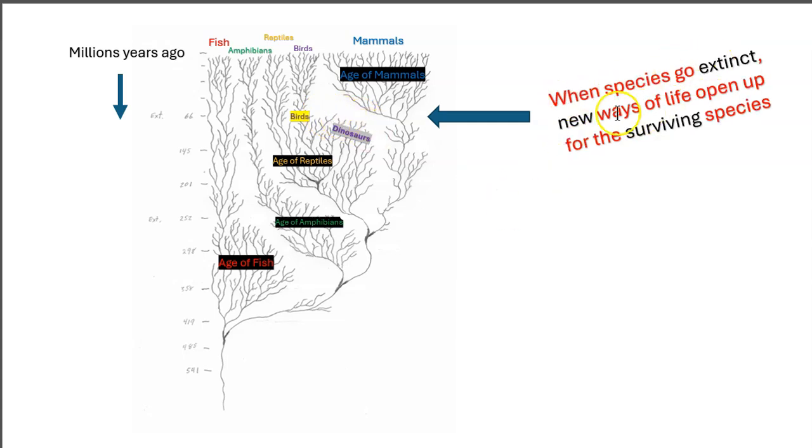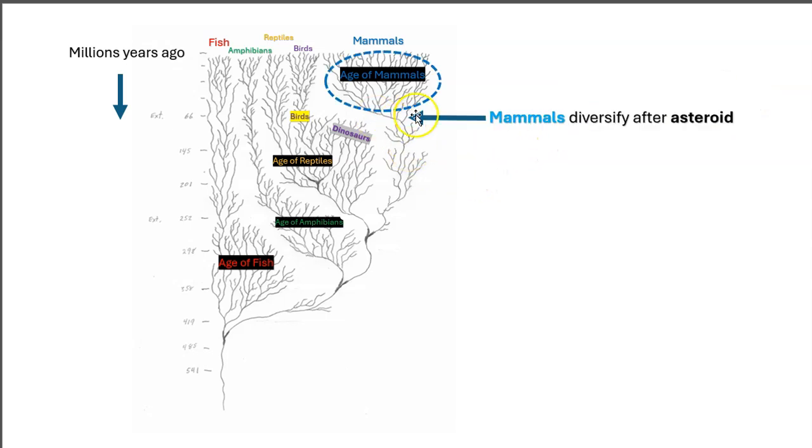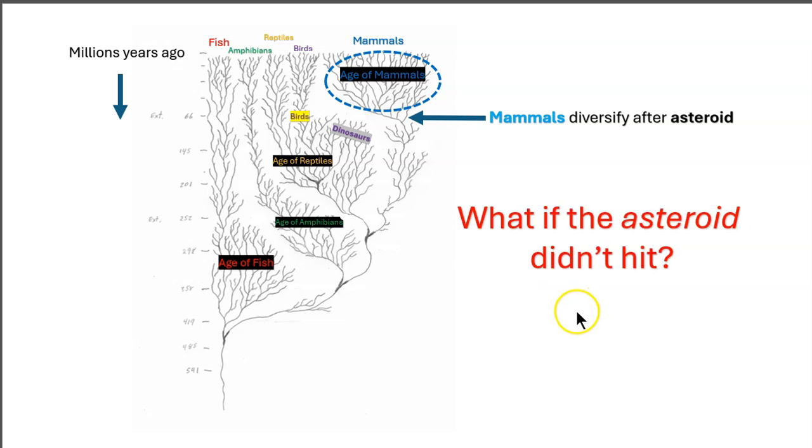And when species go extinct, new ways of life open up for the surviving species, and that's why we said the mammals were able to take advantage of that opportunity, and we get the diversification of mammals, including that primate branch. But we have to ask the question, what if the asteroid didn't hit? Would it be that the dinosaurs would still dominate those ecosystems? It may well have been that the primates never would have evolved.